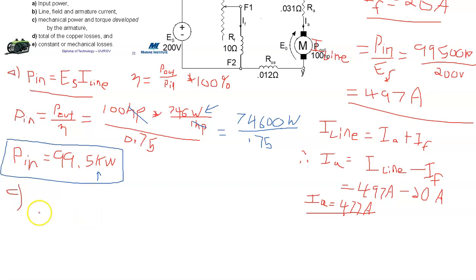Part C now, we want the mechanical power and torque developed by the armature. Remember, the mechanical power developed is PMI, and PMI equals E0 times IA.